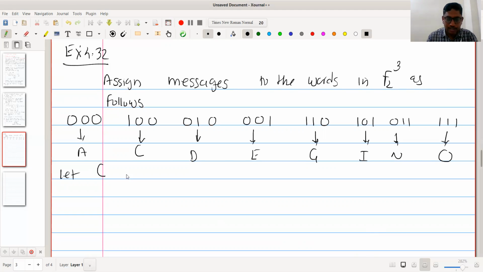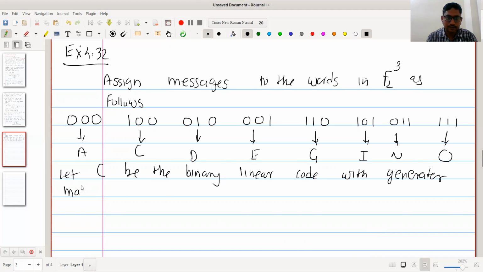Now let capital C, the linear code, always represent capital notation. Let capital C be the binary linear code with generator matrix G equal to this, and the last row is this.